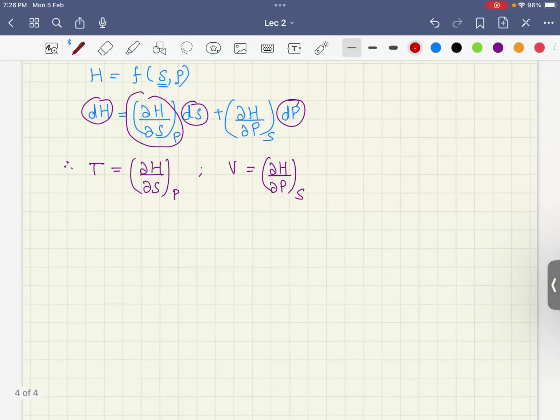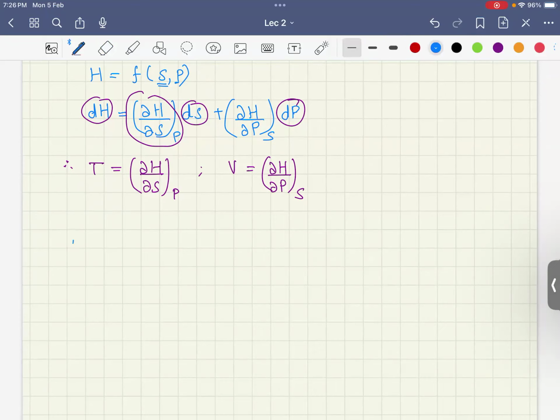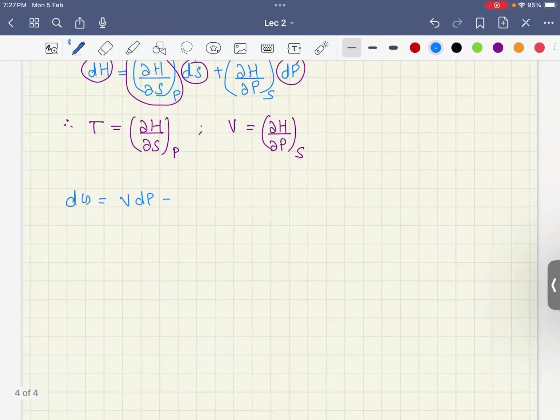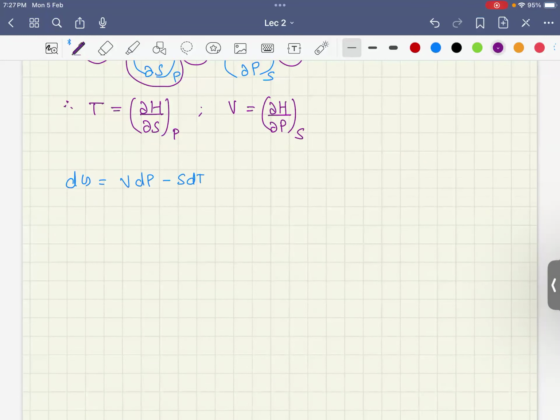Okay. So what we have is dG is equal to V dP minus S dT. I am writing this one. Now G is a function of P and T. Now we want dG.